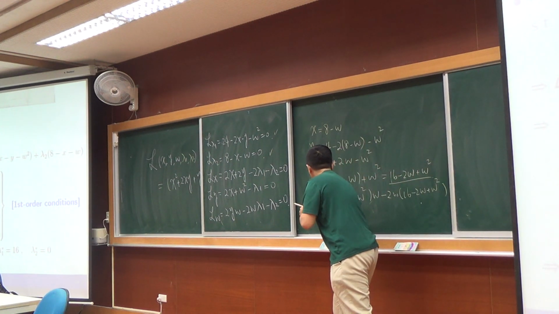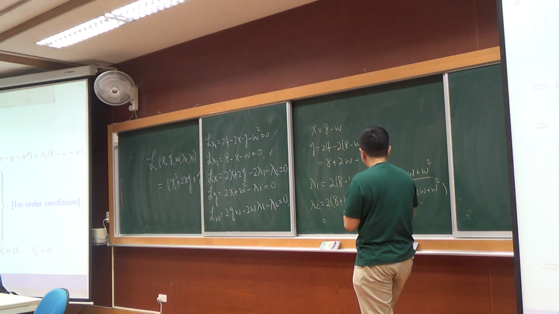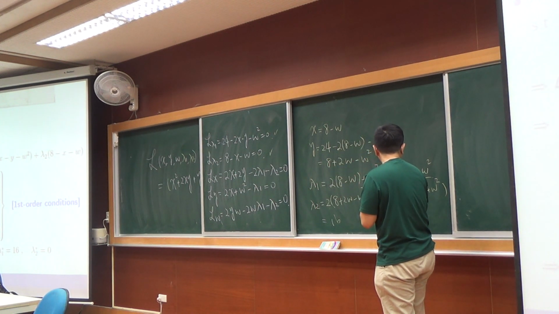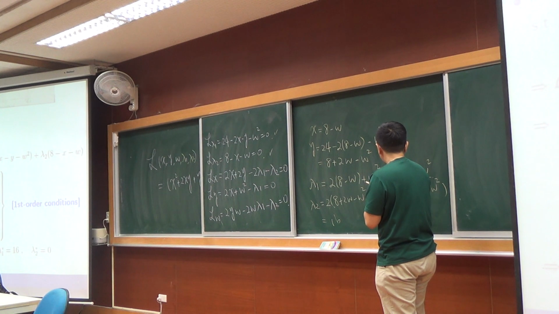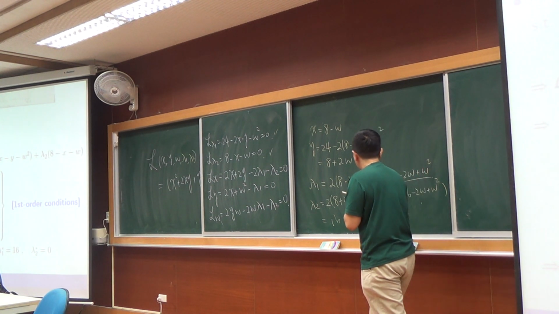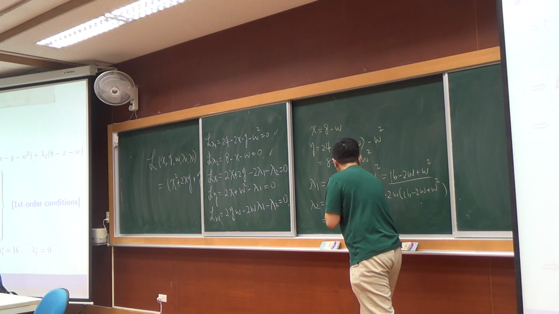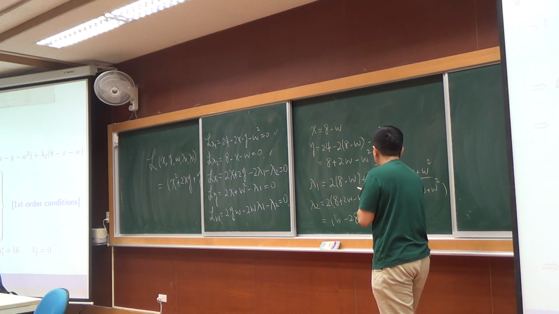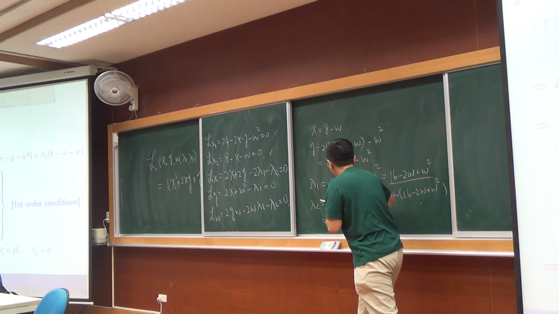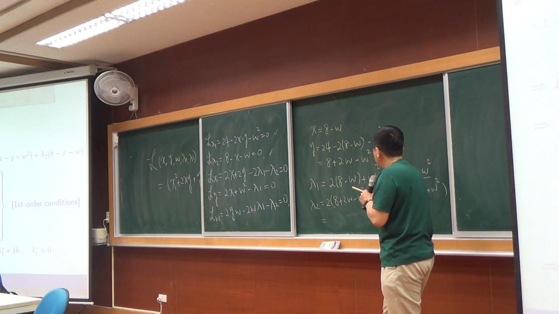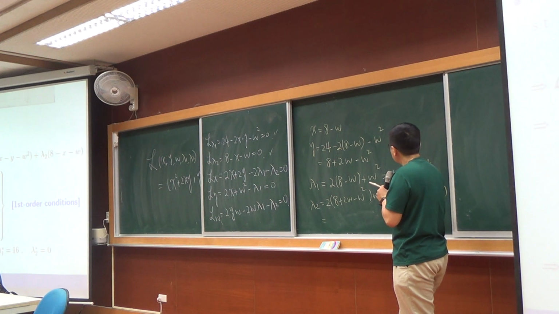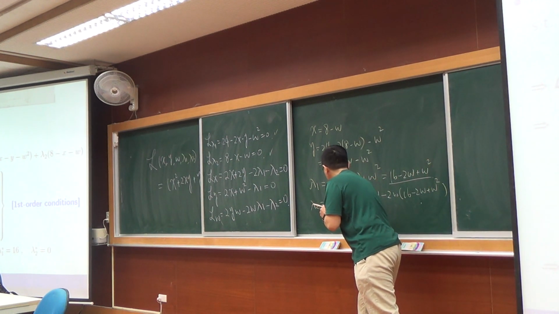And 16w plus 4w squared minus 32w. So it will be minus 28w. Oh, sorry, I did something wrong. Something is wrong. 16w with minus 32w, so we have a negative 16w.